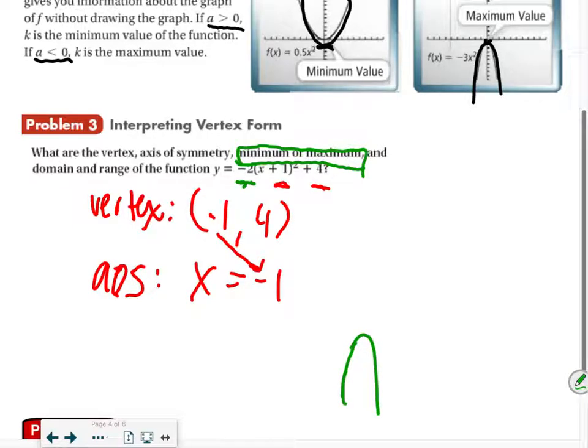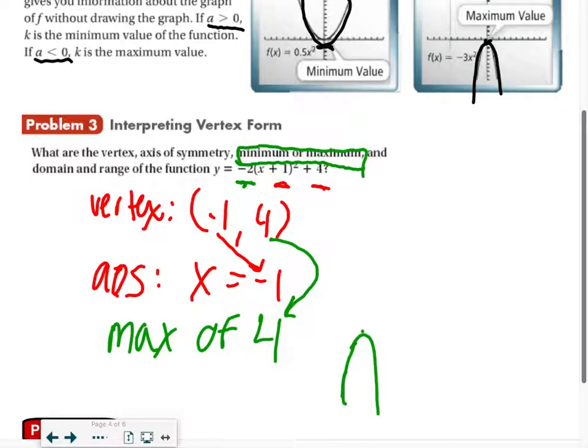Maximum. So I have a maximum. If it's going down, it's just going to be a maximum. To figure out what our maximum value is, we take the y coordinate of our vertex.